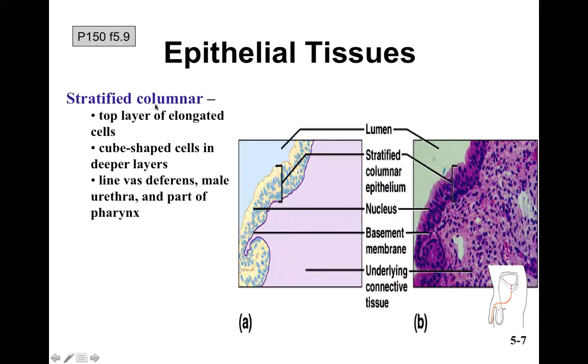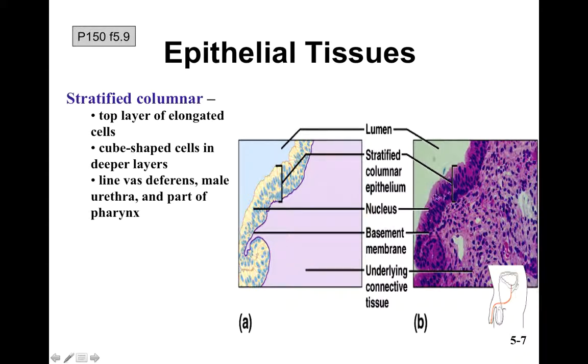Okay, stratified columnar. In the male reproductive system, we have them in the vas deferens, in the urethra, and for everybody, they're a part of our pharynx. Okay, and with these stratified columnar, once again, you have those cells that are closer to the basement membrane that kind of look cuboidal in nature, like these ones.